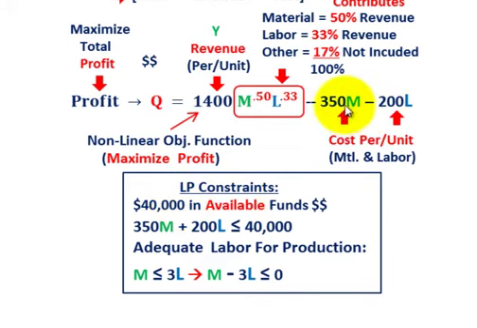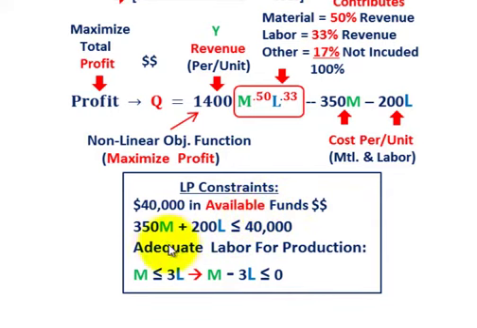Which makes sense, because we've set our product cost based on the $40,000 available funds that we have. So our constraint for a linear program: we'll take 350 times whatever material amount plus $200 times whatever labor we're going to come up with has to be less than or equal to $40,000. That's the available funds we have.